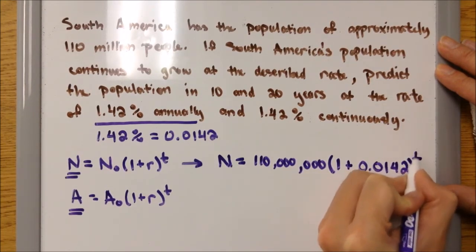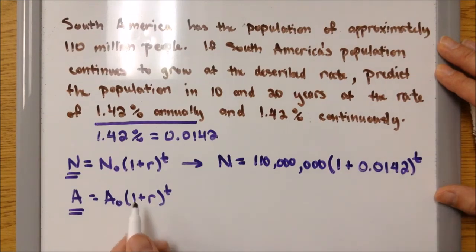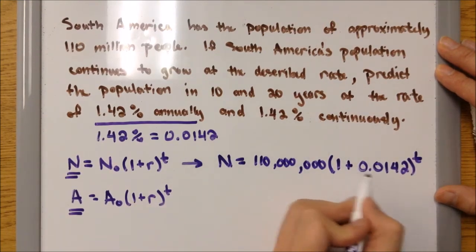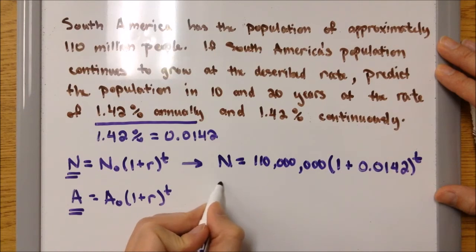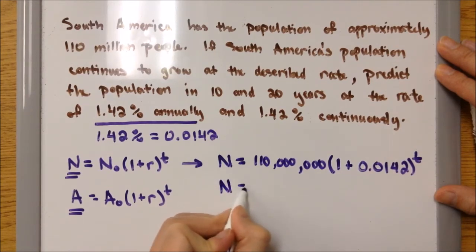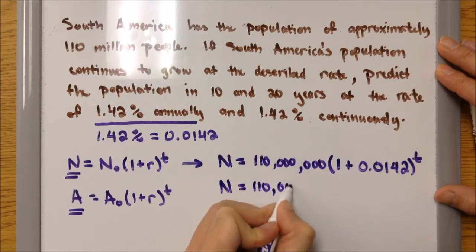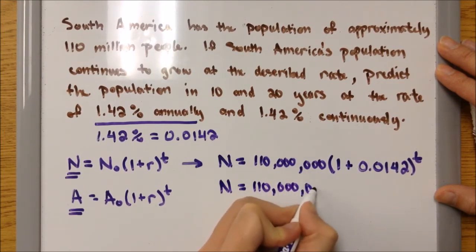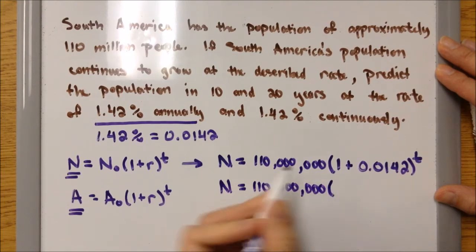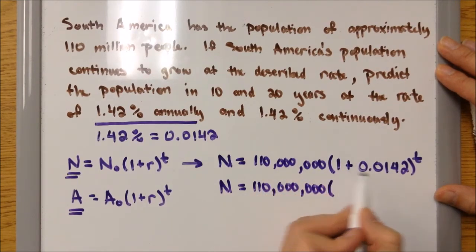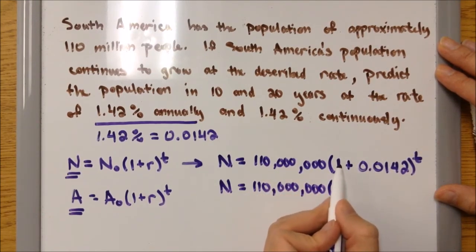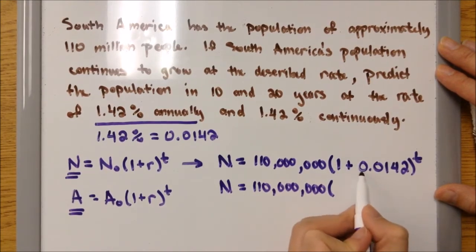To the power of t. Now, I'm going to simplify it, combine these two. So again, it would be N equals 110 million times, and then again, we can combine this. Now, this is a whole number. So this whole number is added with this 0 whole number right here.